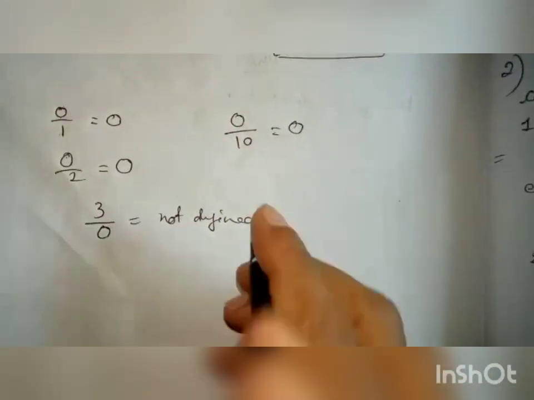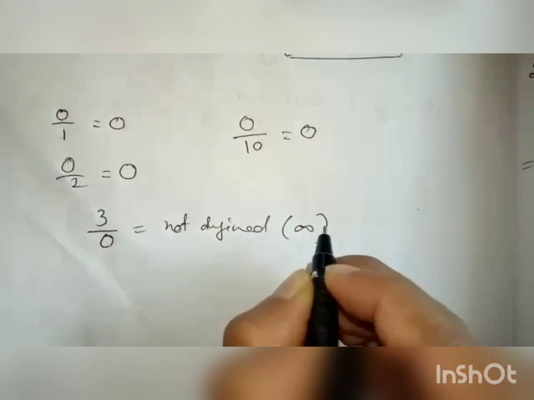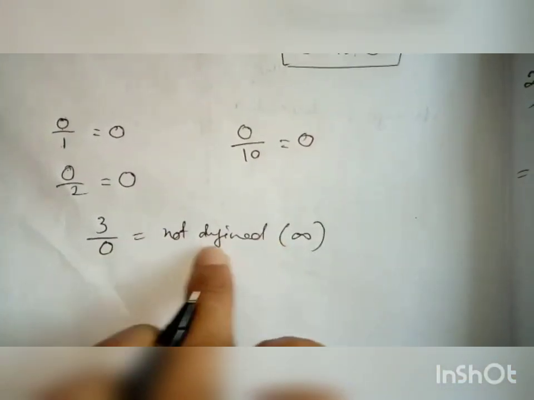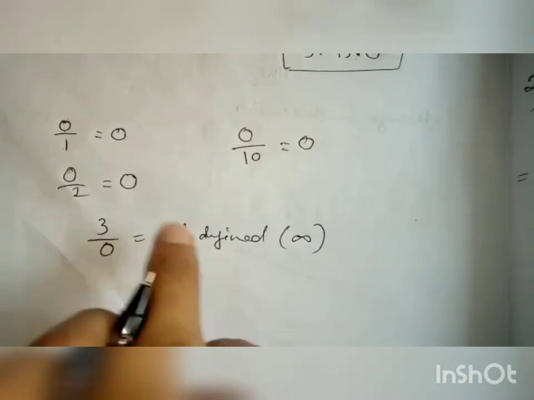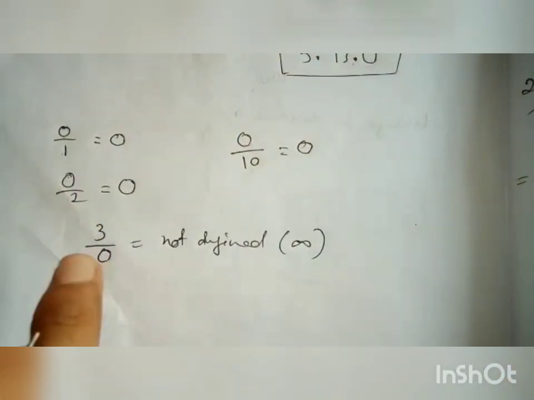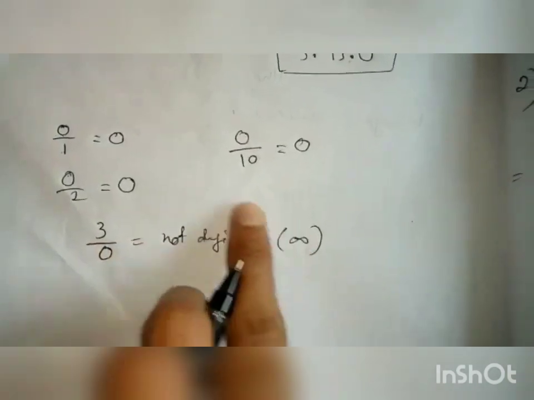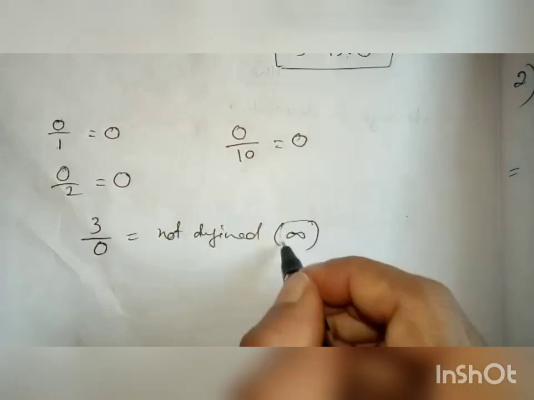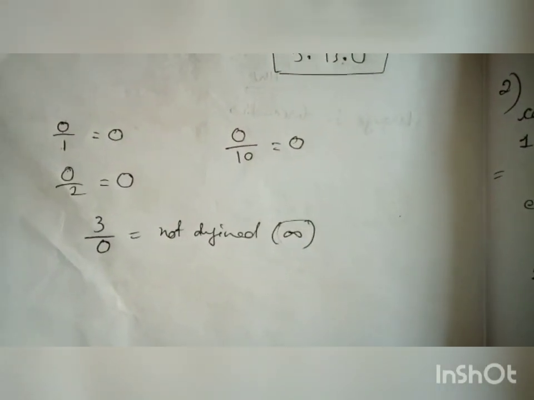So it is not defined, or it is infinity. You will study in your higher class. Infinity or not defined. Okay. If you have 0 in the numerator, then it is 0. If you have 0 at the denominator, that is not defined. That is infinity. This symbol you will study in your higher class.